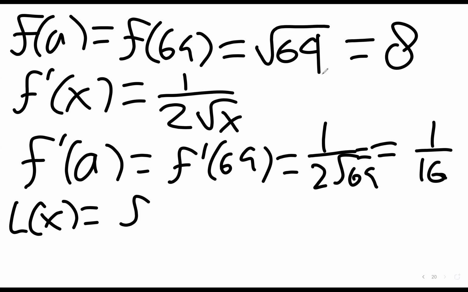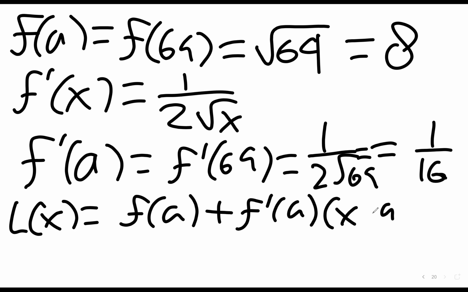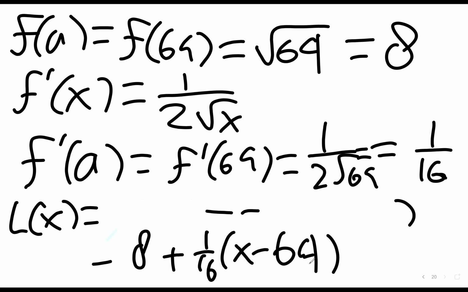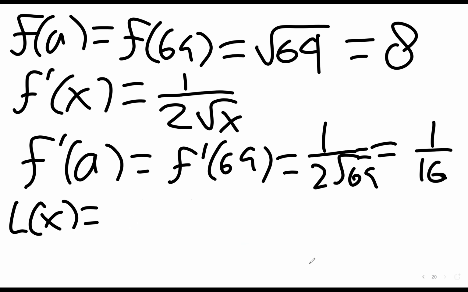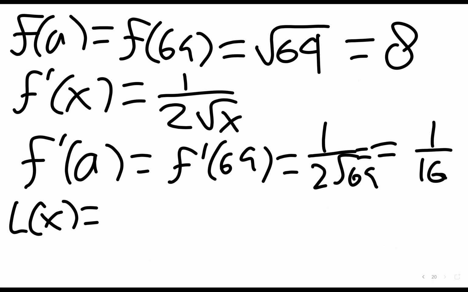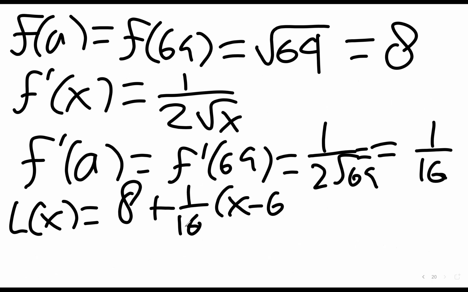Simply f of a plus f prime of a multiplied by x minus a. f of a is 8, plus f prime of a is 1 over 16, multiplied by x minus a, which is x minus 64.